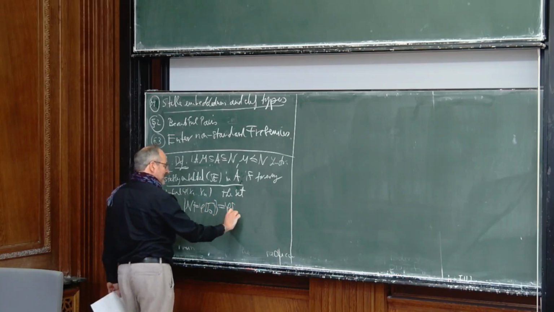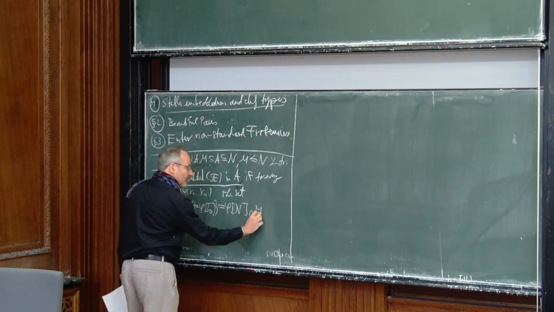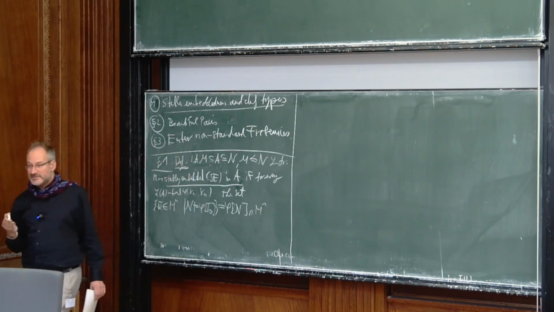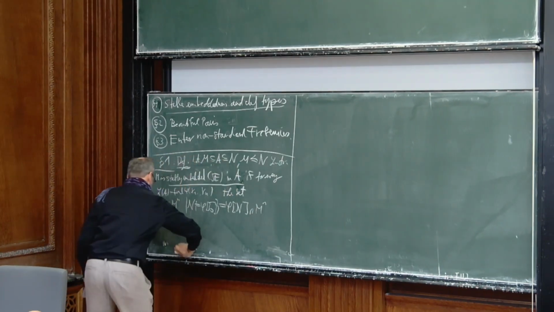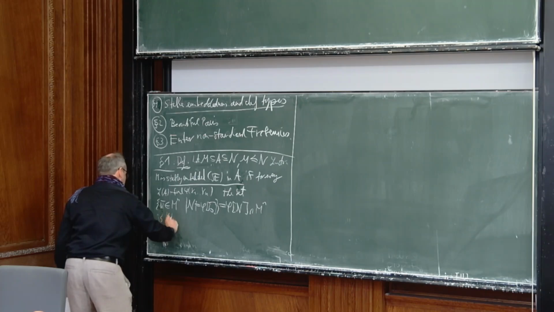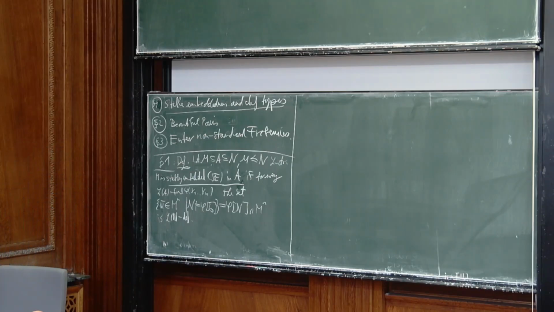This is a set the formula defines in N, but then you cut it down with the smaller structure. And if this is L of M definable. So the trace of a definable set, with parameters from A, is definable in the small structure.